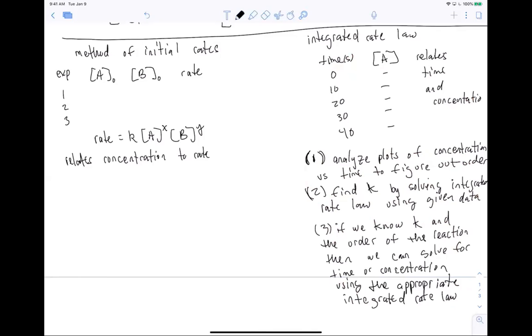When we look at the method of initial rates, it's a very similar situation, but here typically you're looking at concentration as it relates to the rate. Our first step is still figuring out the order of the reaction.